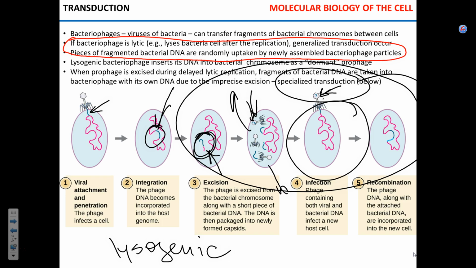At some point during reactivation, phage DNA is excised, but with a piece of bacterial DNA, and that piece of bacterial DNA can then get transferred into the new bacterial cell.